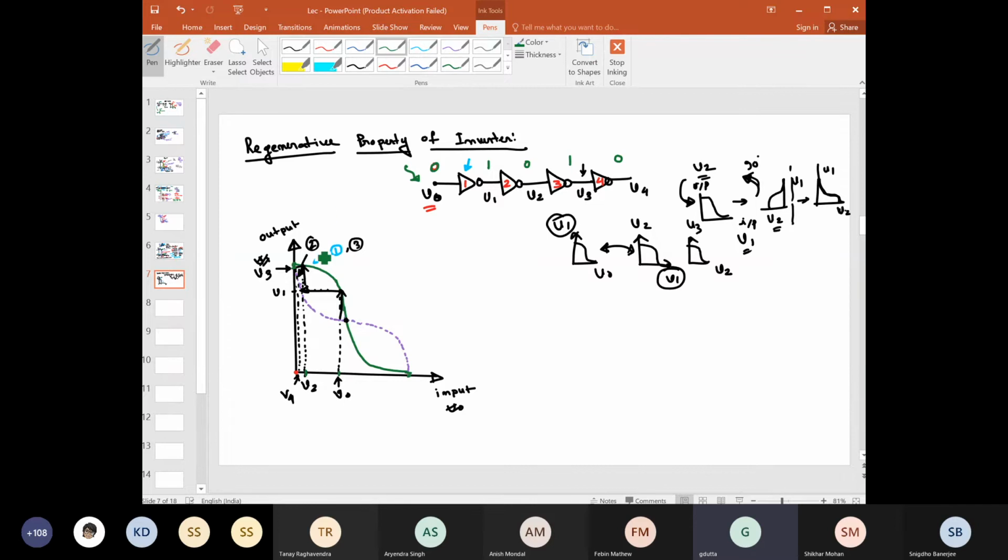This particular property is called the regenerative property of an inverter. So you understand, regenerative property means if there is some noise, that noise will get eliminated once the input signal is passed through similar types of gates.